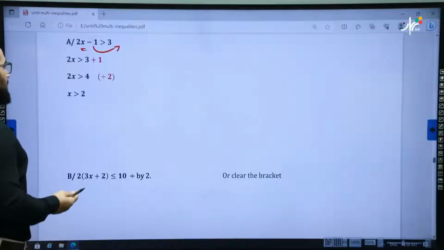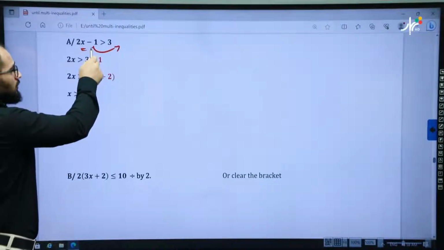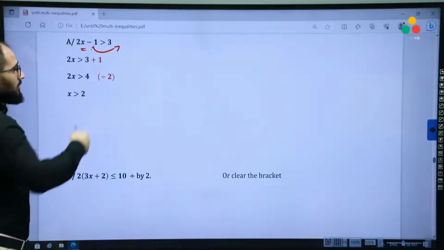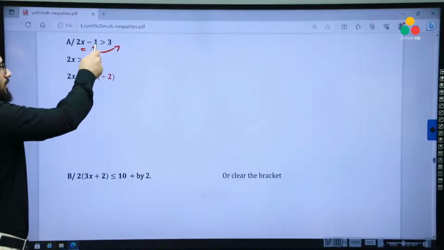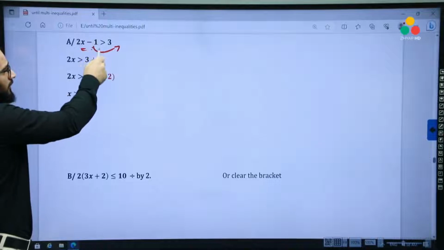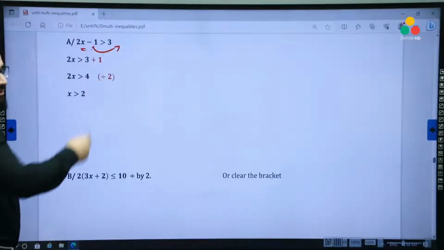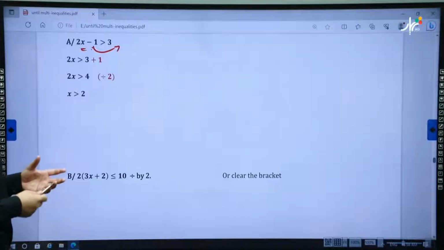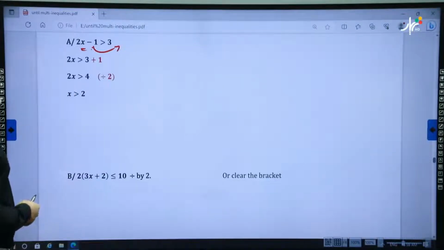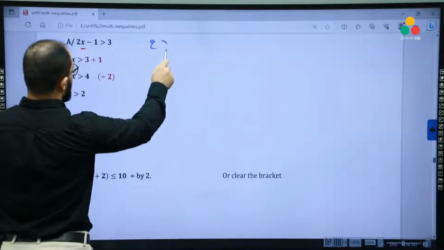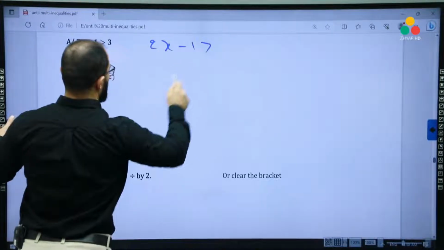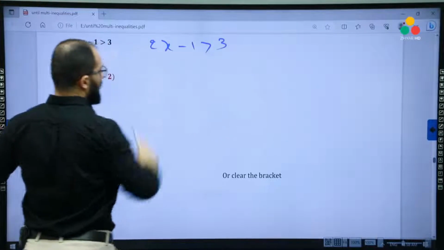It is easier to move negative 1 to the other side. Why? Because if you divide it by 2, you get a fraction. You are going to get 1 over 2, 3 over 2. So it's not easy to work with the fractions. That's why in the first step, let's rewrite the inequality: 2x minus 1 greater than 3.